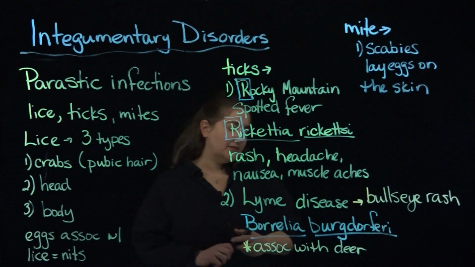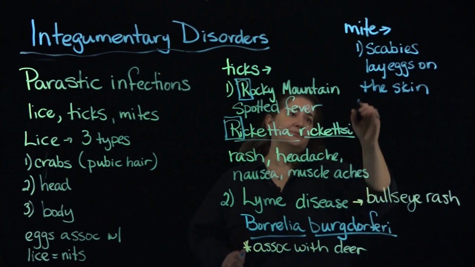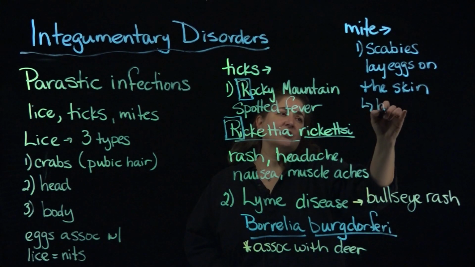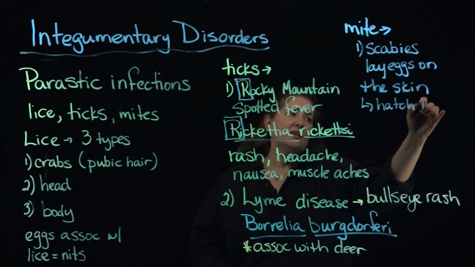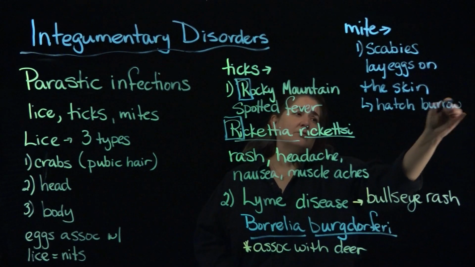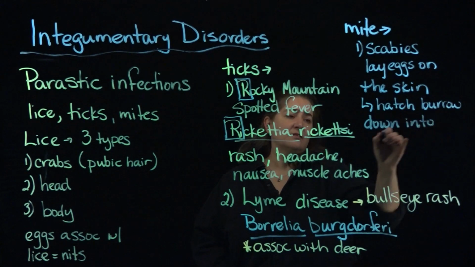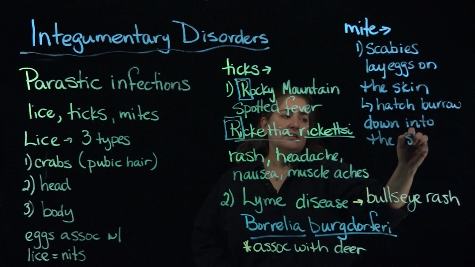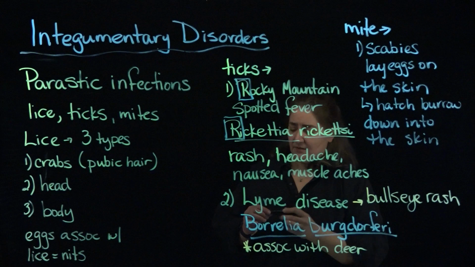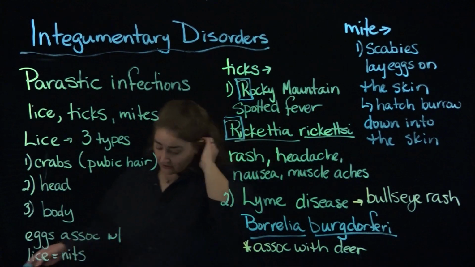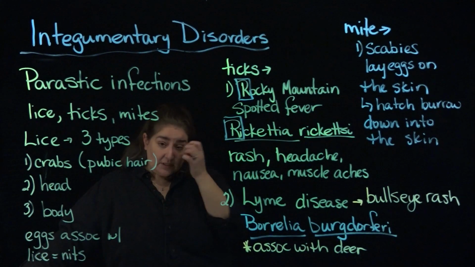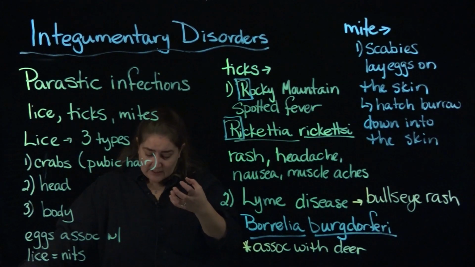And what happens, those eggs, once they hatch, they kind of burrow into the layers of the skin. Okay? So scabies, the larvae associated with the egg, burrow down into the skin.